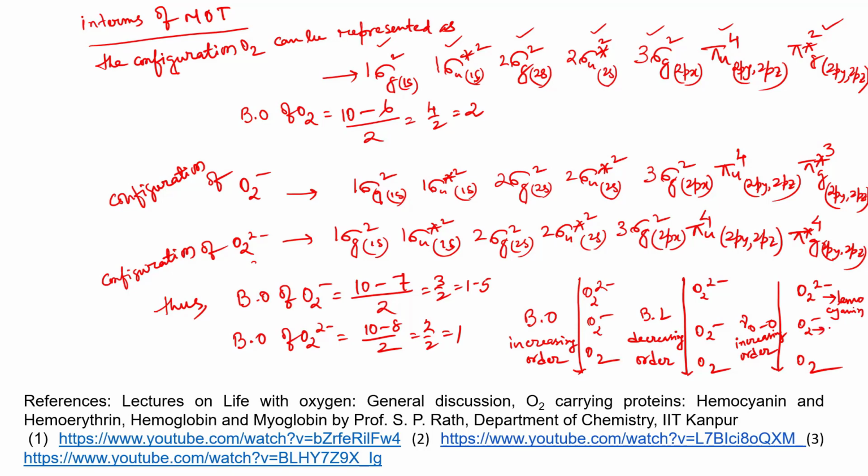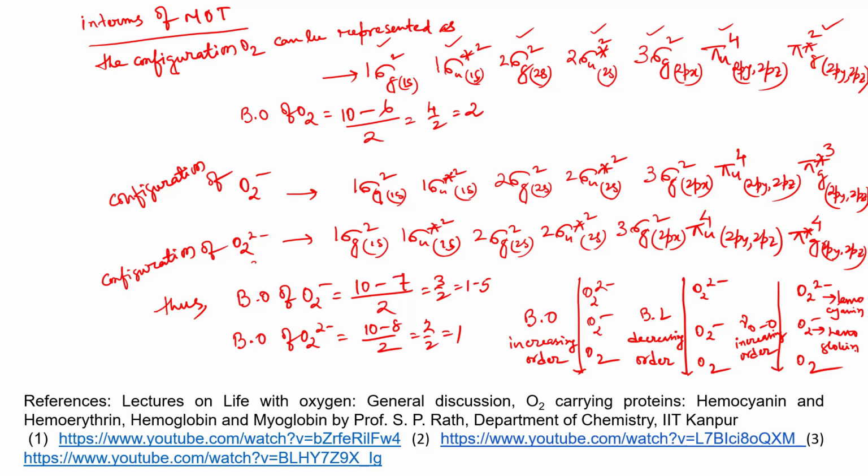This O2 minus is in hemoglobin. Thus, easily we can say the oxygen-oxygen stretching frequency of the oxygen molecule in oxyhemoglobin is higher than the oxygen-oxygen stretching frequency of the oxygen molecule in oxyhemocyanin.